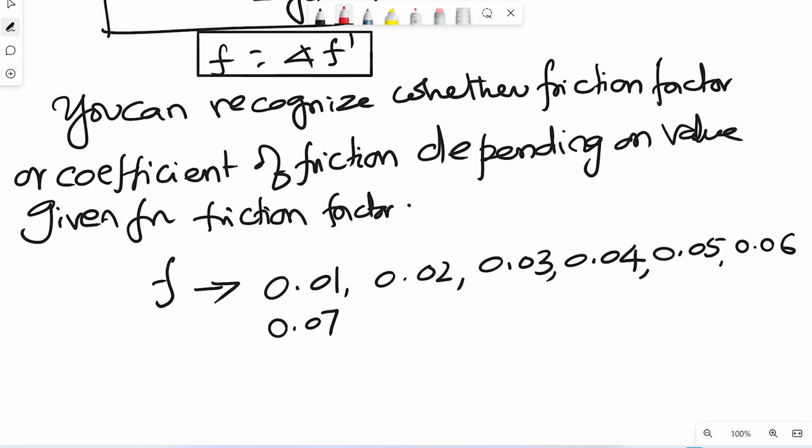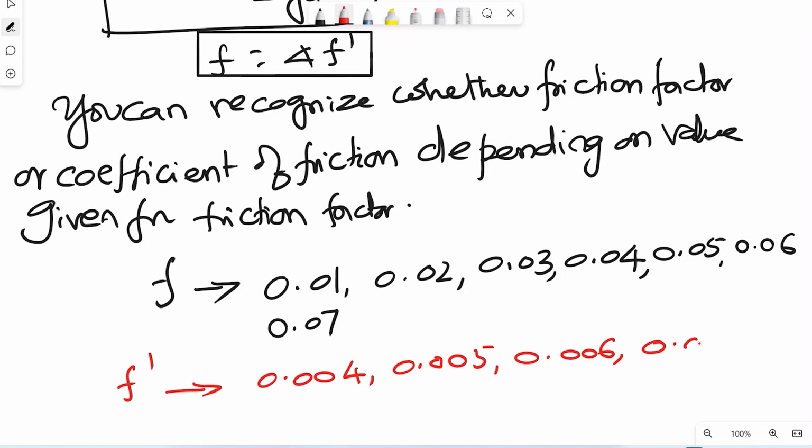Whereas F dash, the coefficient of friction, will be 0.004, 0.005, 0.006, 0.007, 0.008, 0.009, in this fashion. So by looking at these values, you can tell which one is given.